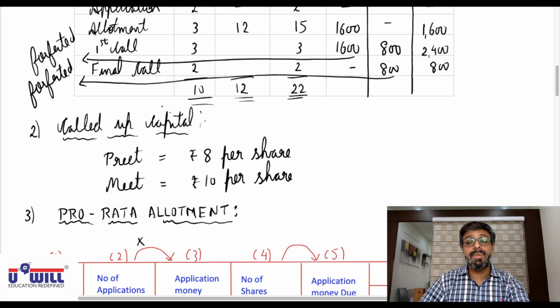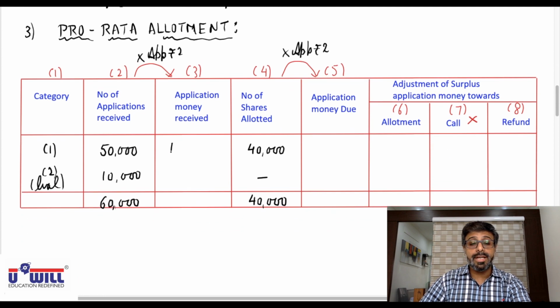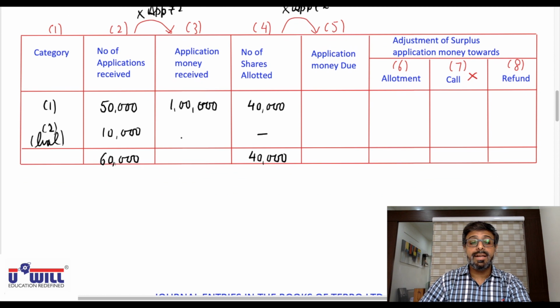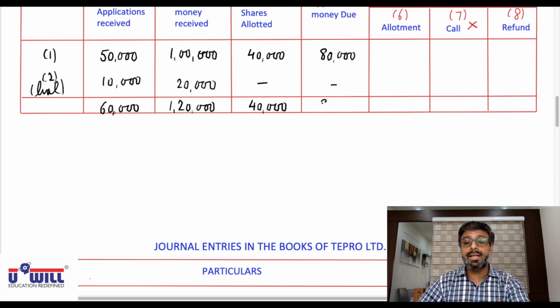Now this we will multiply with application 2 rupees, as well as column 4 we will multiply with application 2 rupees. 50,000 into 2, 1 lakh. 10,000 into 2, 20,000. Total 1,20,000. 40,000 into 2, 80,000. Nil, total 80,000.